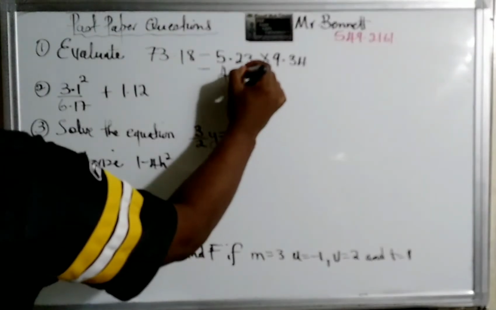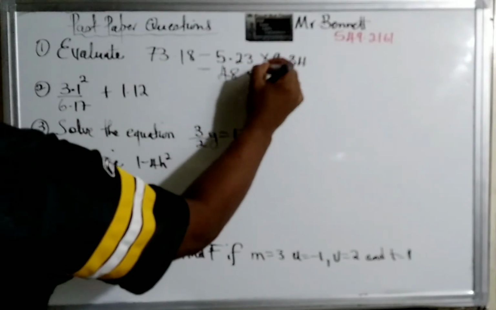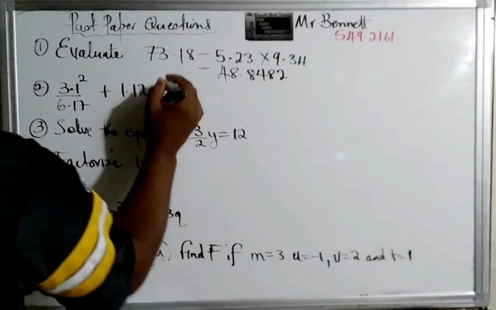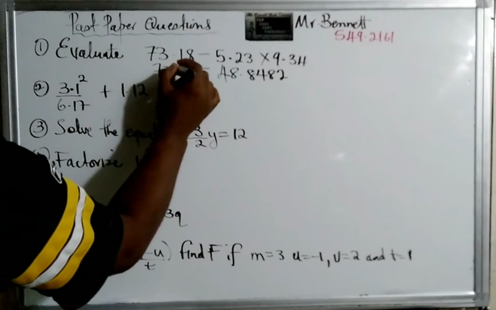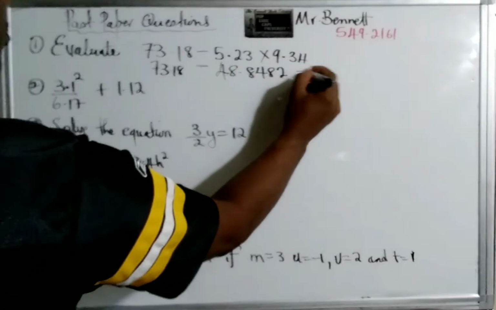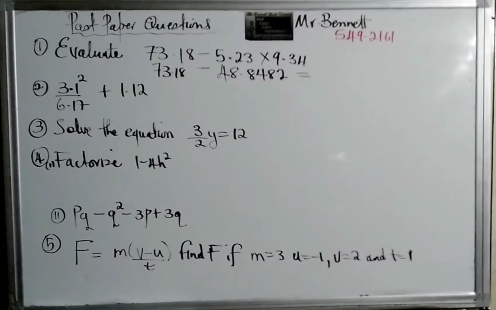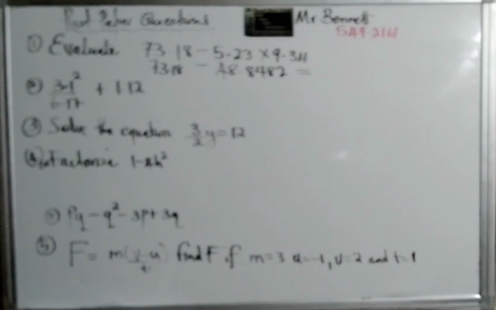And that gives us 48.8482. And then we subtract last. So let us subtract 73.18 minus 48.8482.